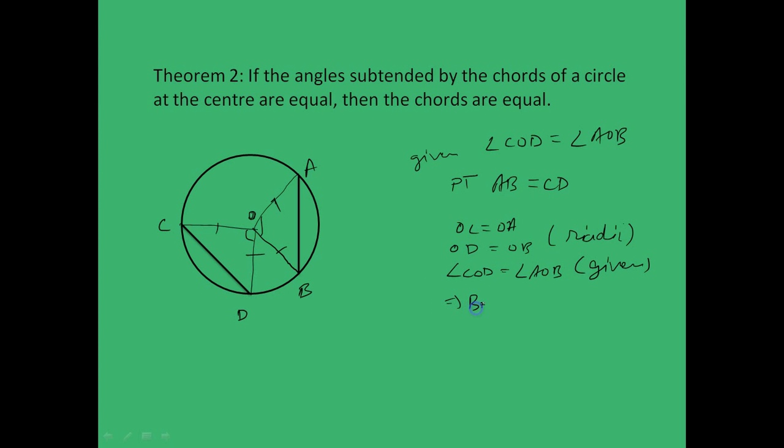This implies by SAS triangle OCD is congruent to triangle OAB. This implies CD is equal to AB, again by CPCT, that is corresponding parts of congruent triangles, and so hence proved what we had started off with.